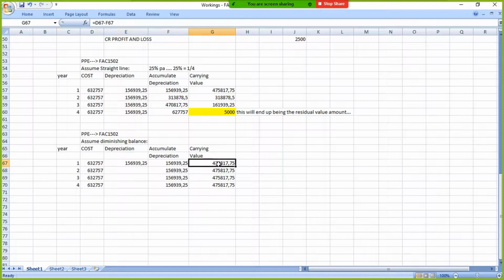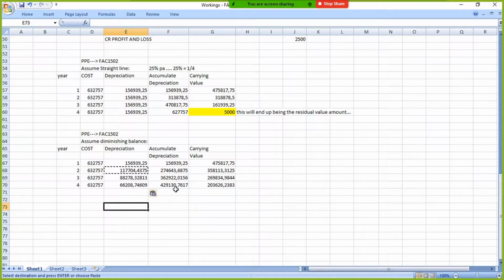Carrying value. Do you agree? Yes. Okay, so carrying value is what you're going to be using to calculate the depreciation, times 25%. All right, and you do that again and again, and that's what you've got.